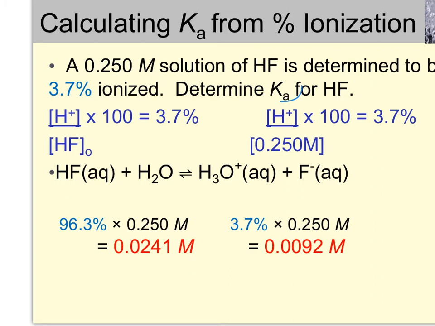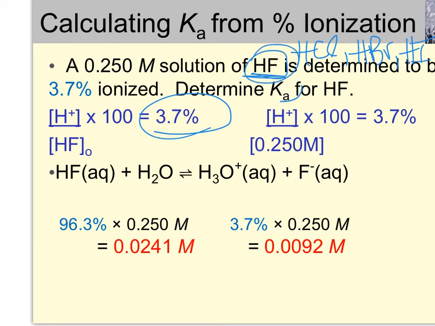So for example, if you have hydrofluoric acid, which is a weak acid, and by the way, HF is the only halide-based acid that is weak. So hydrochloric acid, hydrobromic acid, hydroiodic acid, all of those are strong acids. So just thought I'd point that out so it doesn't confuse you later.